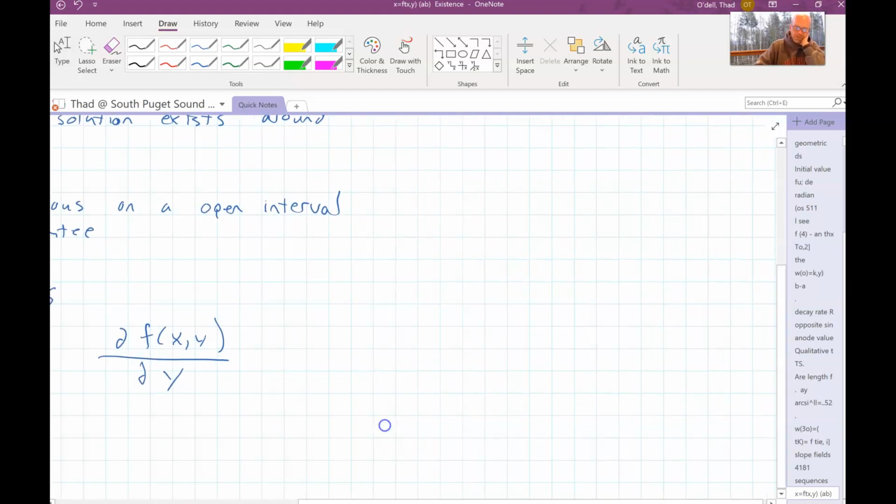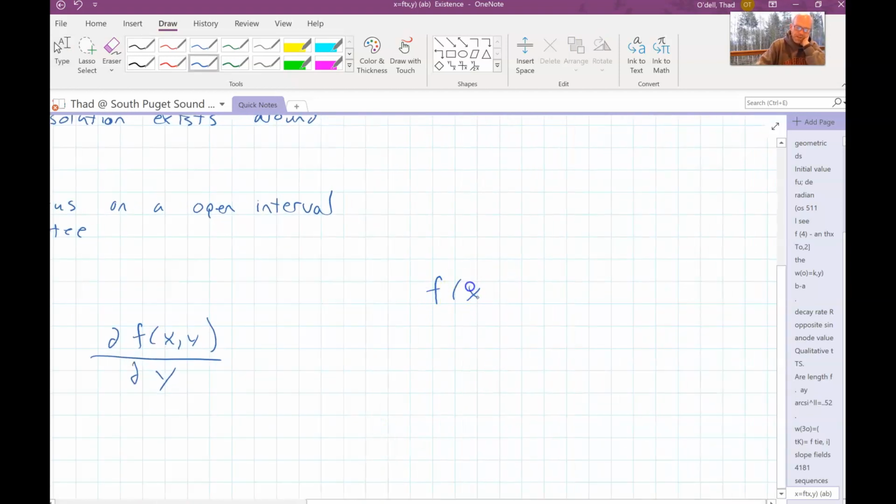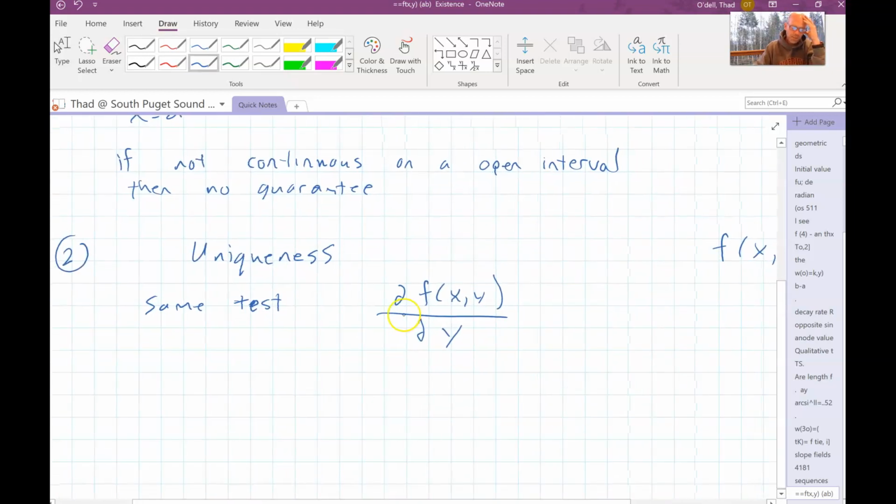For example, if f of x comma y was 3xy, normally I'd have to use the product rule: the derivative of 3x times y plus the derivative of y times 3x, because both are variables. But in partial derivatives, we're holding everything else constant.